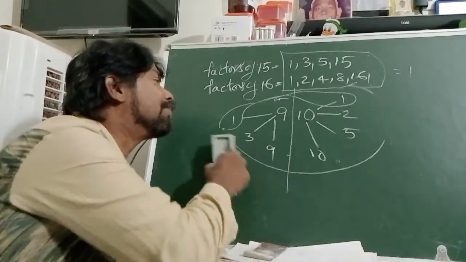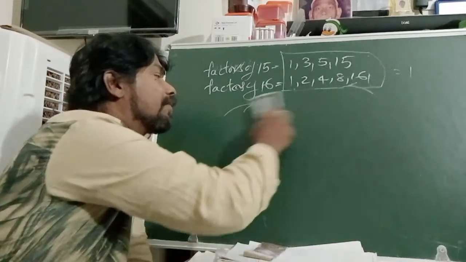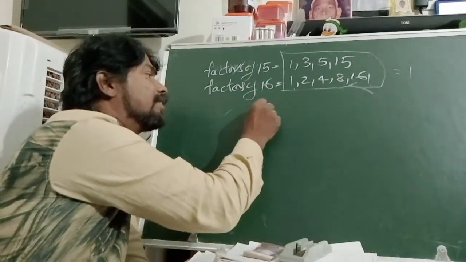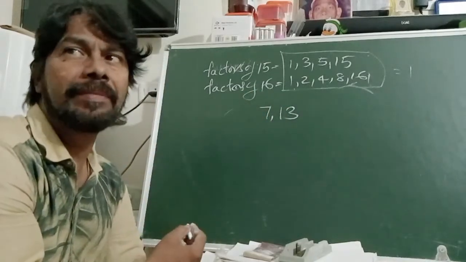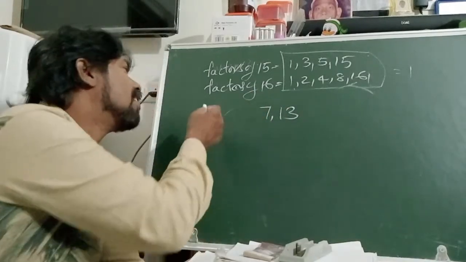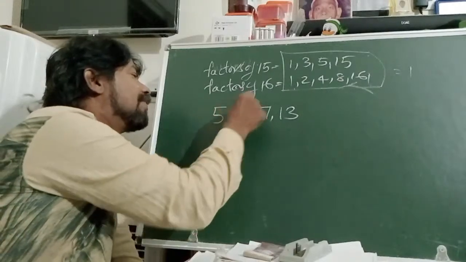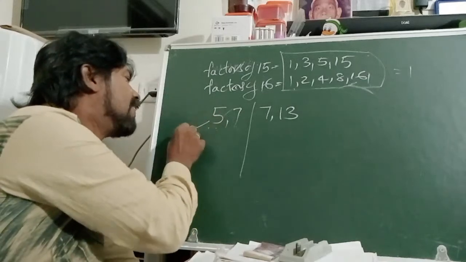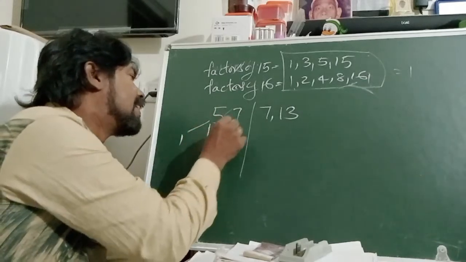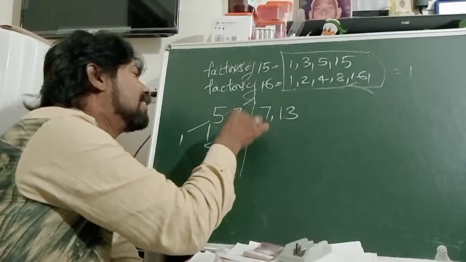If you take two prime numbers, 7 and 13, two prime numbers, or 5, 7, one set. Suppose factors of 5, 1 and 5, factors of 7, 1 and 7.